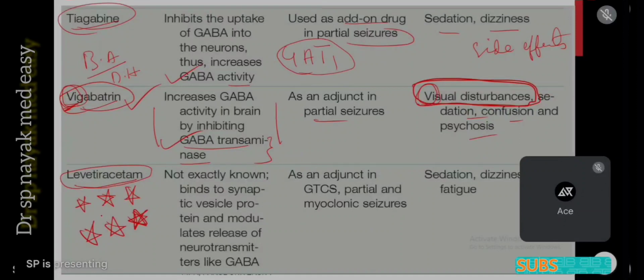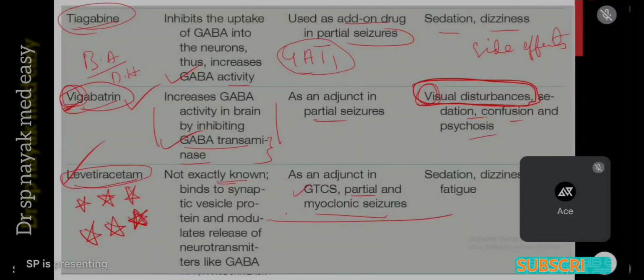Phenytoin, carbamazepine and sodium valproate, how important they are? Likewise, among newer drugs, Levetiracetam is that important. Its mechanism is not exactly known, but it is used in generalized tonic-clonic seizures, partial seizures and myoclonic seizures. For Levetiracetam, some advantages are there.